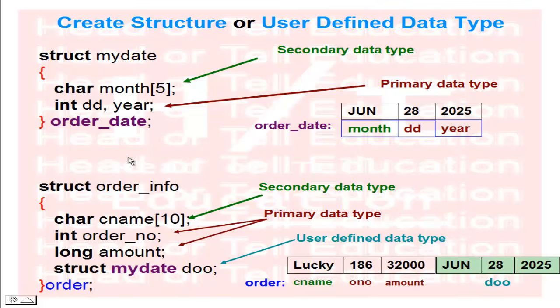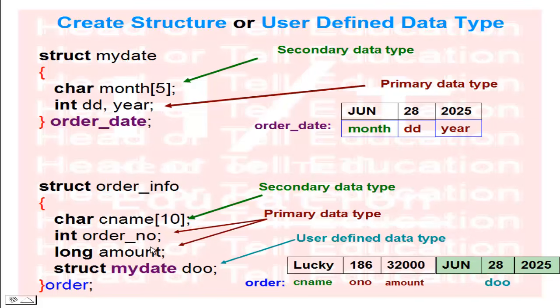Now again we use this, like the order info structure. We need to generate one structure, order info. In order info we have the customer name, C name, which is a secondary data type, and two primary types, an integer and a long. These are the order number and the amount.